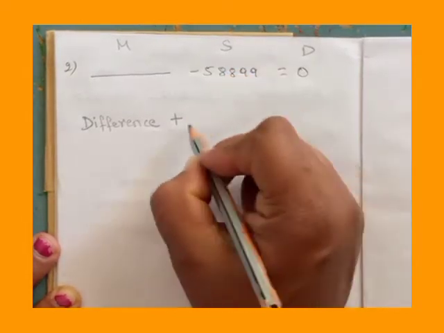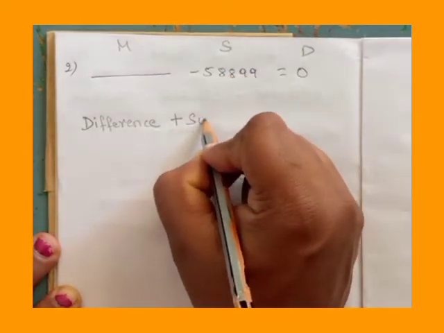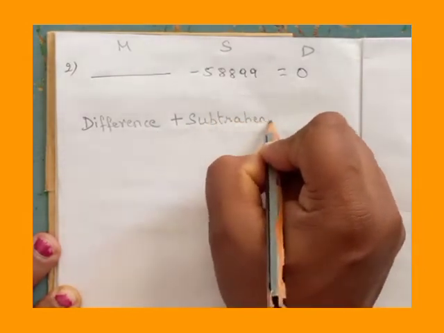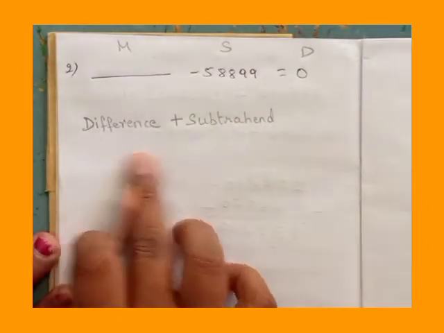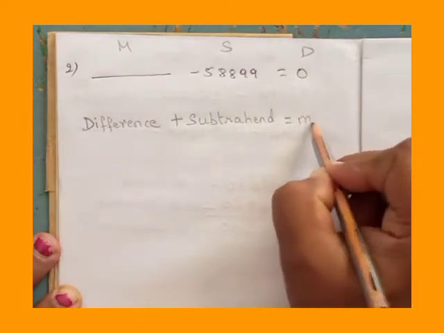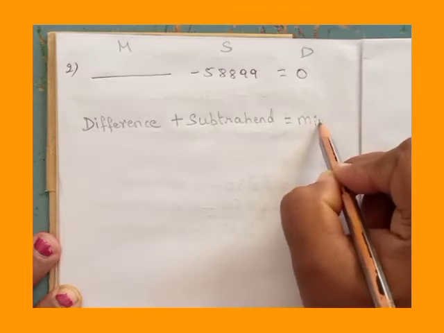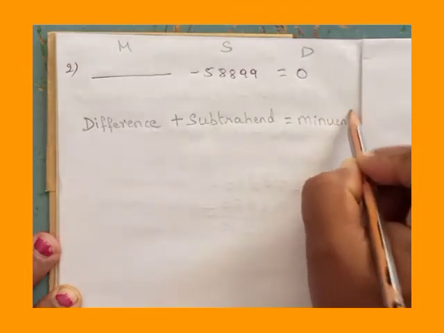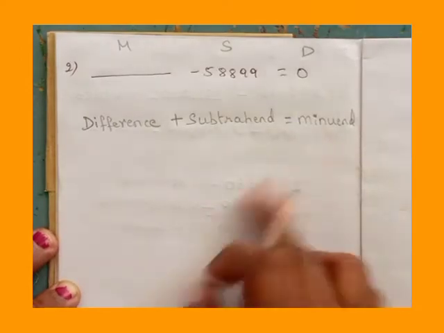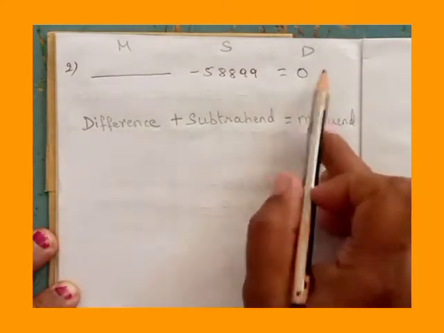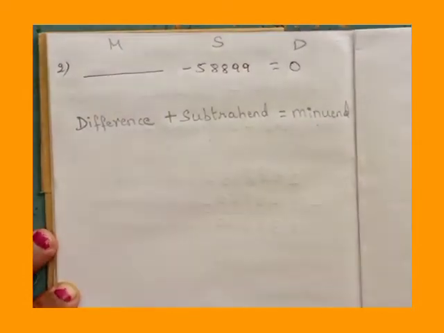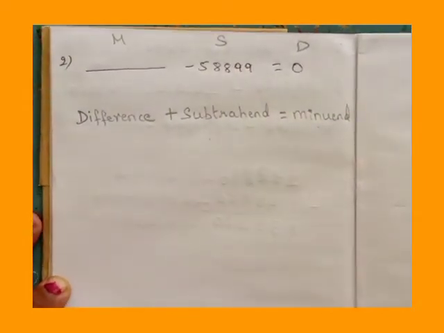Okay, difference plus subtrahend is equal to minuend. Okay, so this will be the formula for this. Difference plus subtrahend is equal to minuend. So let's do the sum, dear children.